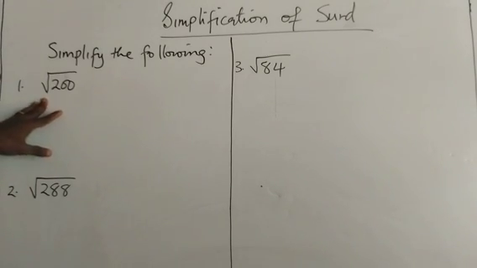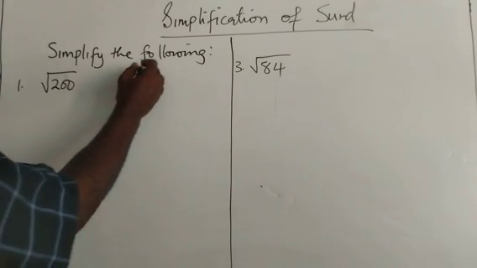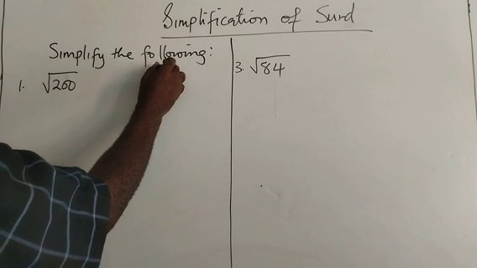To simplify surds, first of all, you need to get 2 factors of that surd. Factors of 200 will have 2 times 100.